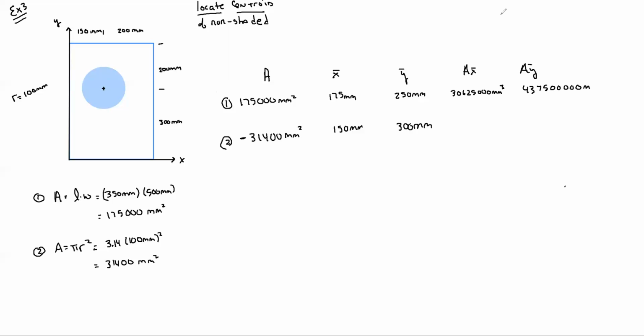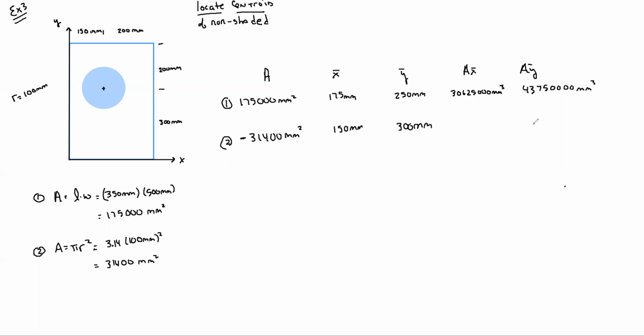Now, don't forget we're subtracting the circle. The area we said was negative, so that's going to make our AX bar and our AY bar negative.